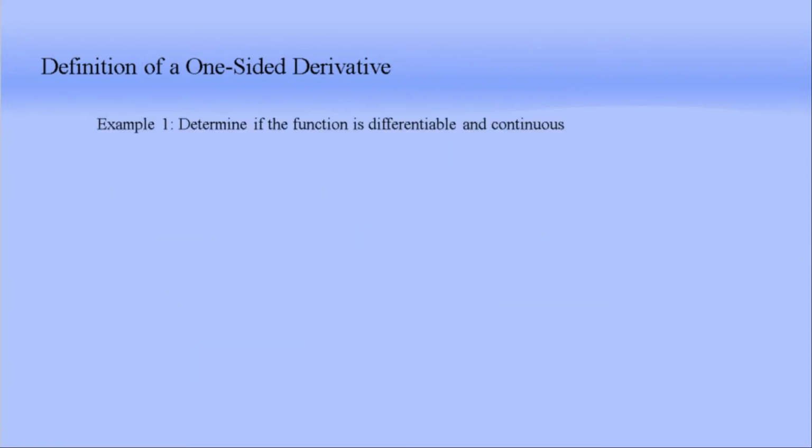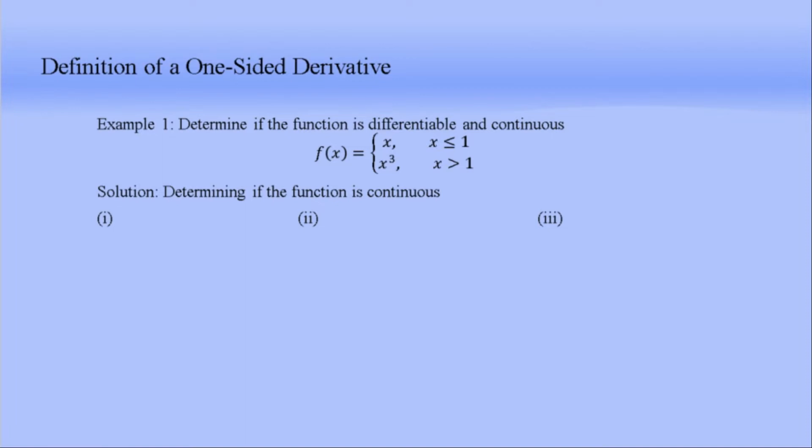Now, after determining that the function is differentiable, we are going to determine if the function is continuous. So remember the first lesson during STEM 112. To determine if a function is continuous, there are three conditions.